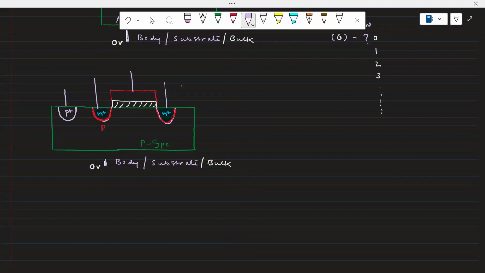So if it is 0, it means that definitely it is connected to ground. Okay, 0 or ground is one and the same. So electrically we can say that there is 0 potential, which means it is connected to ground.